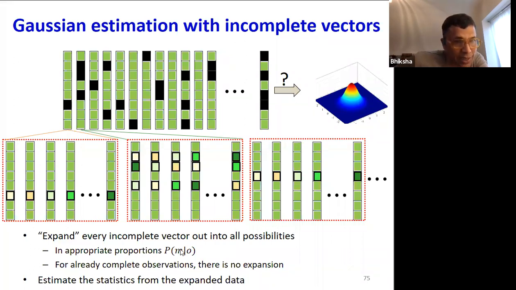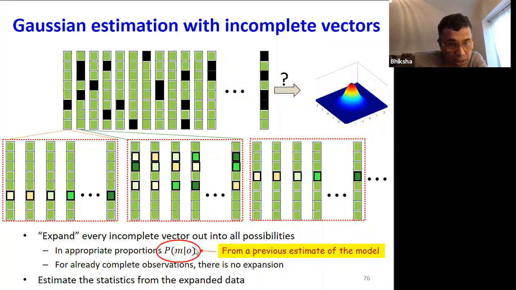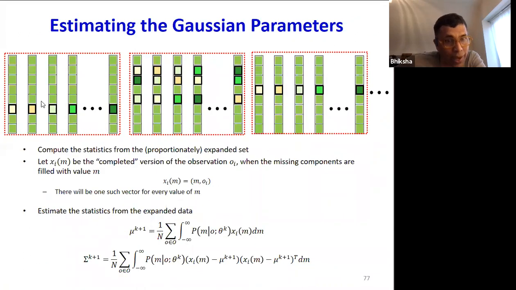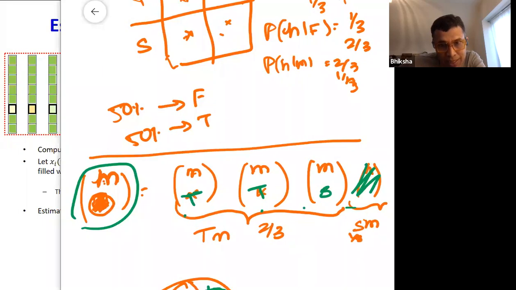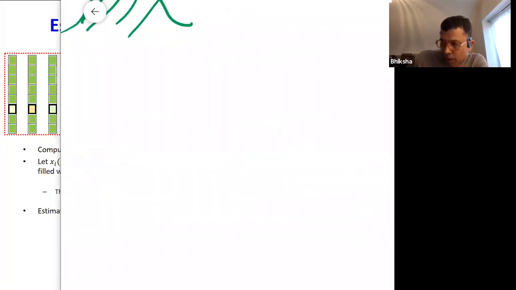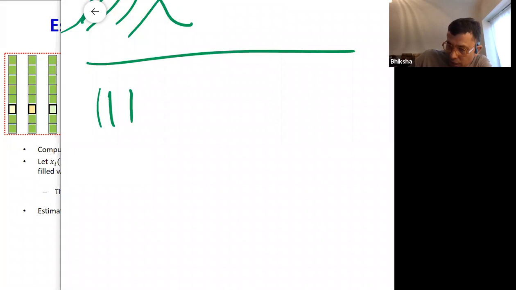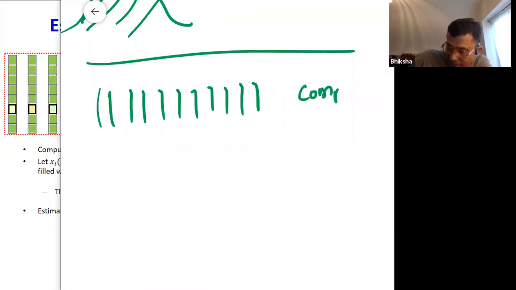And now it's easy, right? So this P of m given O, this is where the iterative process comes in. This comes from a previous estimate of the model. And now I have complete data, right? If I have complete data, it's very easy. Every observation, I have lots and lots of complete data.